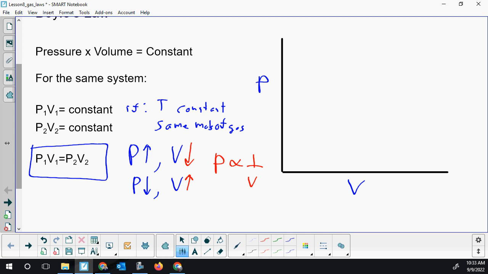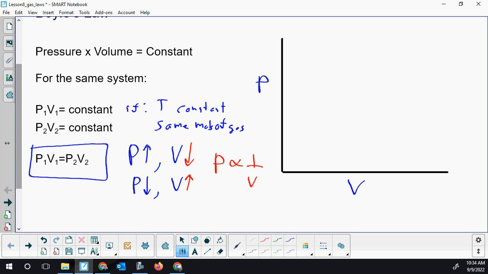When you say something is inversely proportional, it means they go the opposite way. If one goes up, the other goes down. One goes down, the other goes up. Inverse relationship. The inverse is coming from the reciprocal part. We're going to have a directly proportional relationship in a little bit.